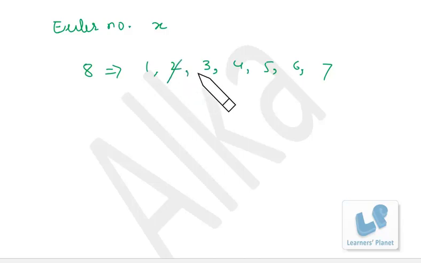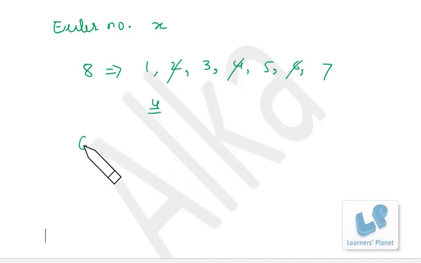So I delete 2, I delete 4, I delete 6. So the Euler number of 8 is 4: there are 4 numbers which are less than 8 and co-prime to 8.